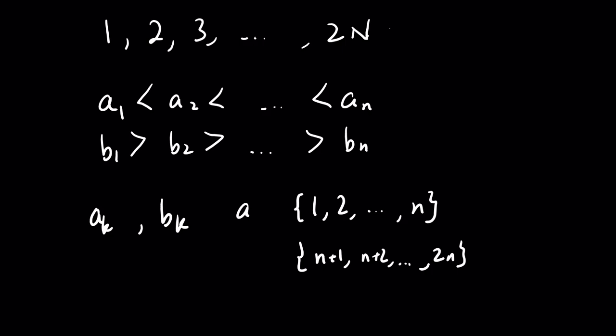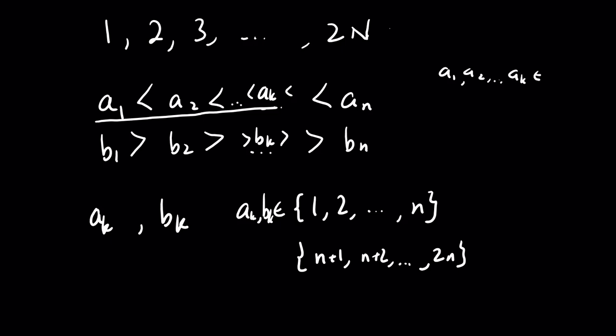Suppose this is not true. We may assume that both AK and BK come from the same set, for example the set 1, 2 up to n. What does it mean? Since AK is in increasing order, all the elements before AK must belong to the set 1 to n.